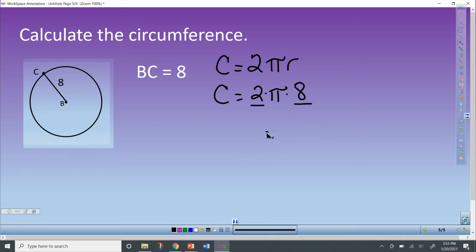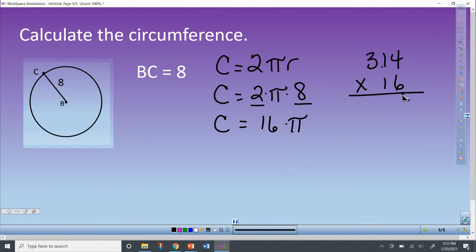Well, 2 times 8 is 16 times pi. And so we come over here, 3.14 times 16. So we get 50.24.